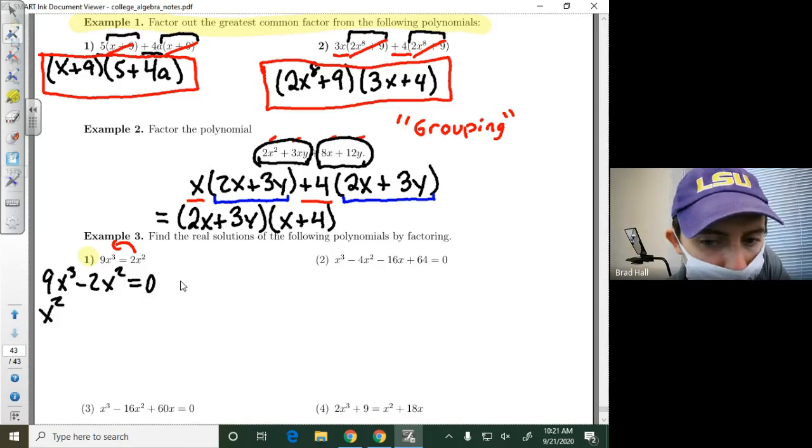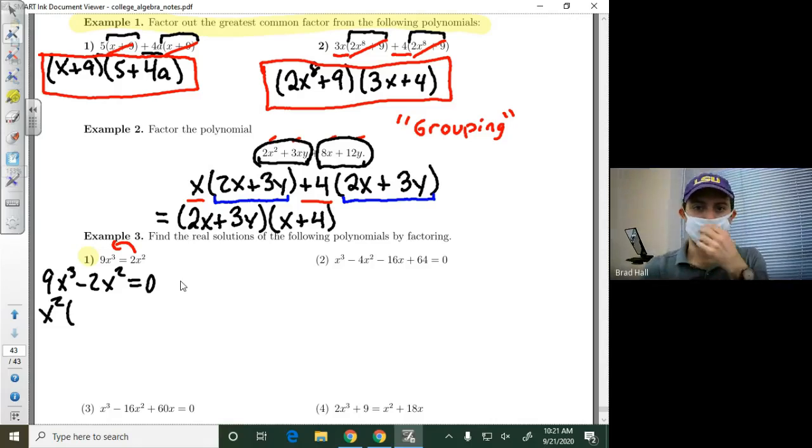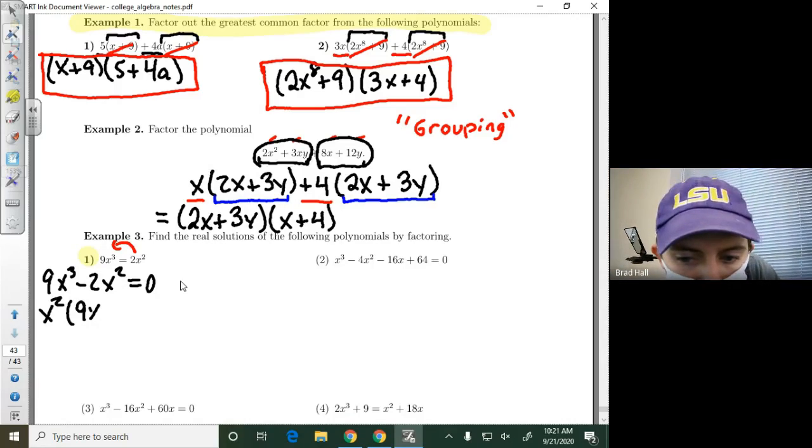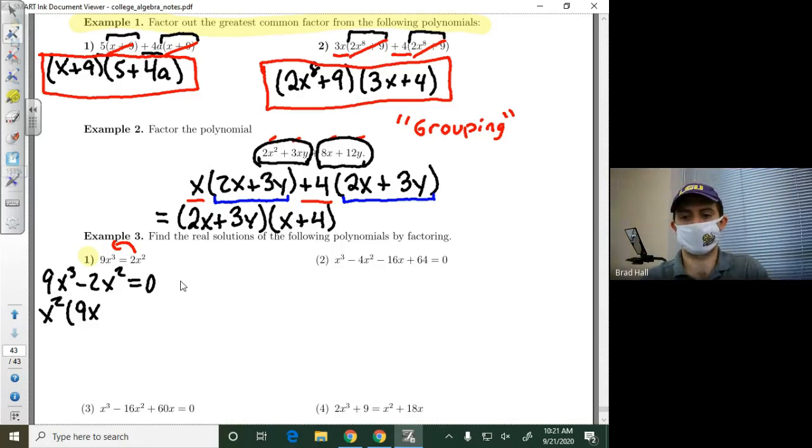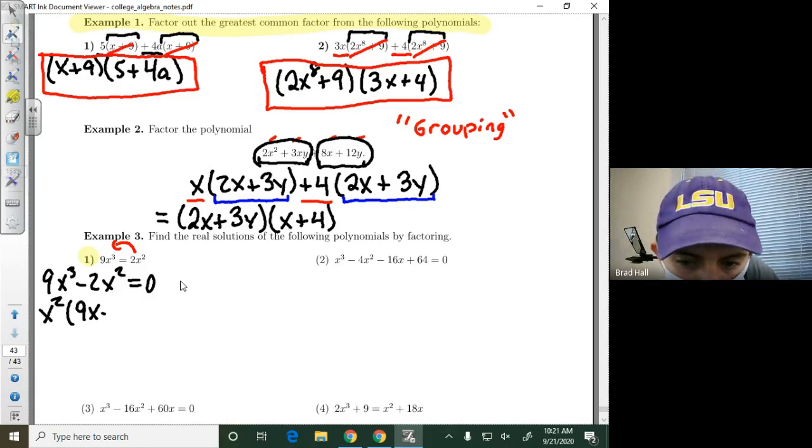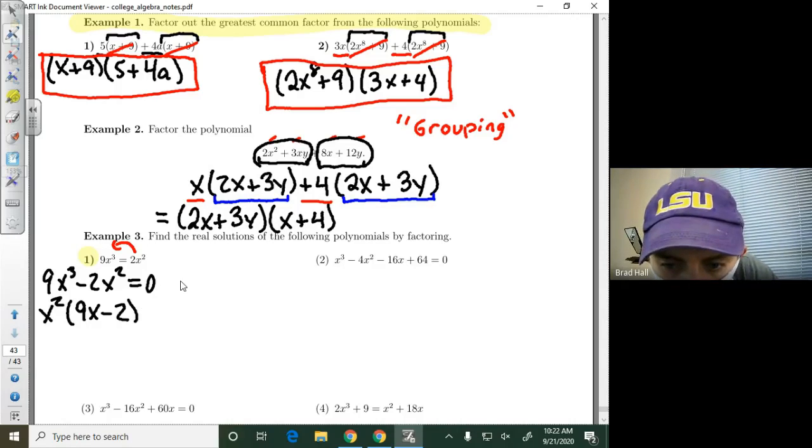So we can factor out an x squared from both of these terms. Now, 9x to the third, we factor out x squared. So that's just 9x. Negative 2x squared, we factor out the x squared. We're left with minus 2.